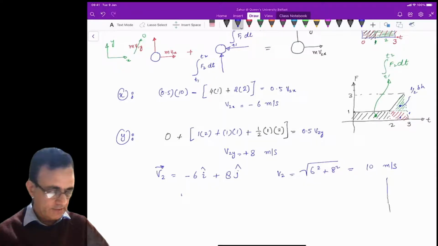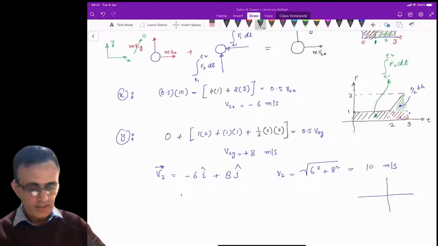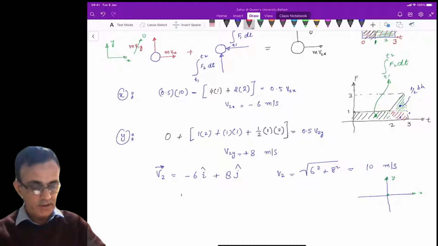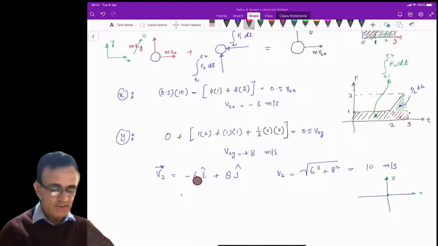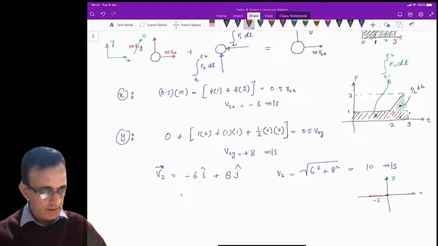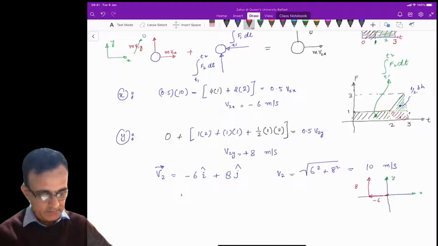In this case, it will always be a good idea to draw where the velocity is going. As you can see, the x is negative, so you are going from here to here. So it is minus 6, and then the y is positive. So the y component is in this direction here, 8.